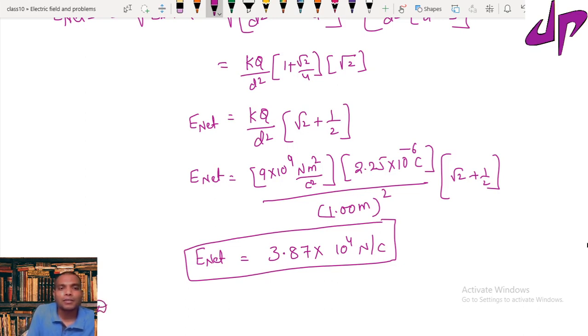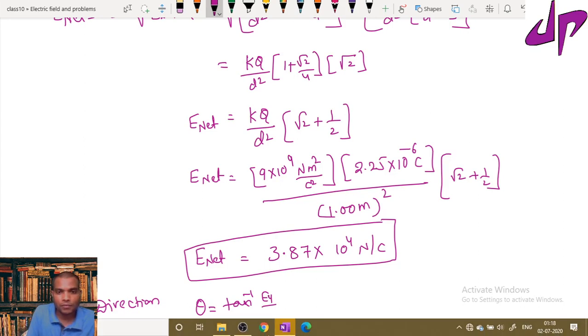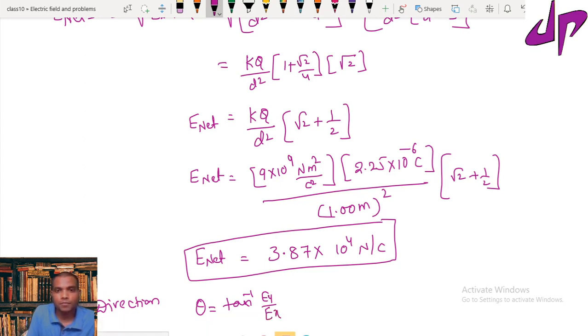For the direction, we can use the vector direction theta equal to tan inverse of electric field Ey by electric field Ex. By seeing the figure, you can understand that theta goes to 45 degrees from the x direction.